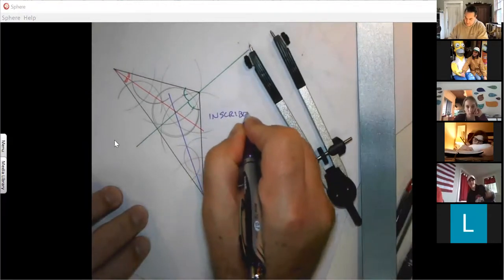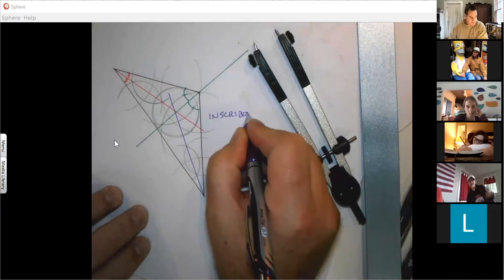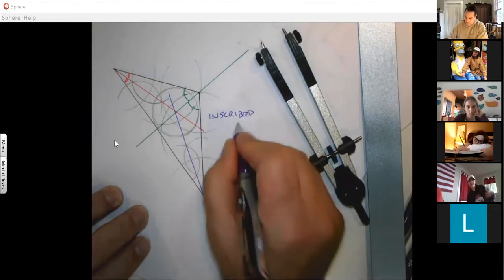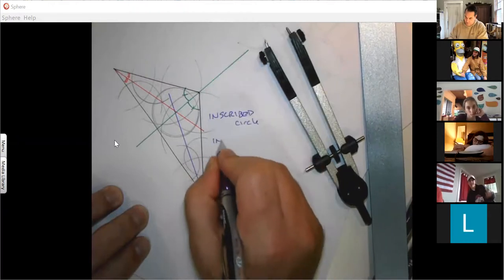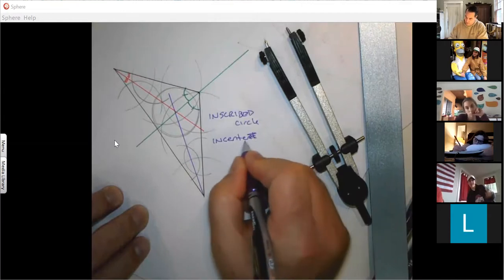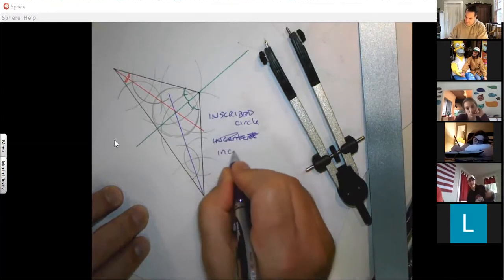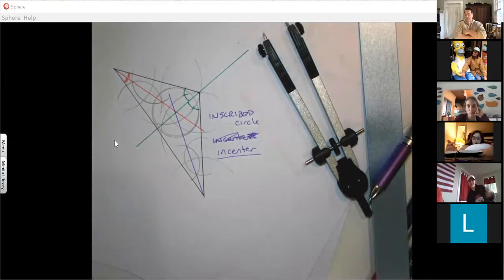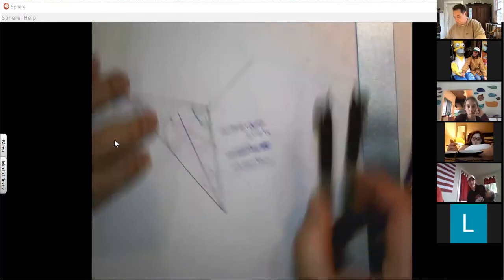So this is called the inscribed circle. Therefore, it's called the incenter. Incenter. And it's a different type of circle, center of the triangle.